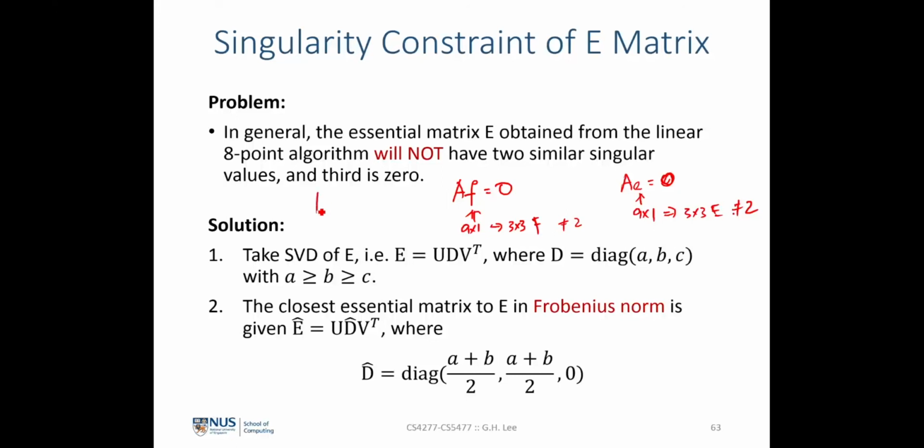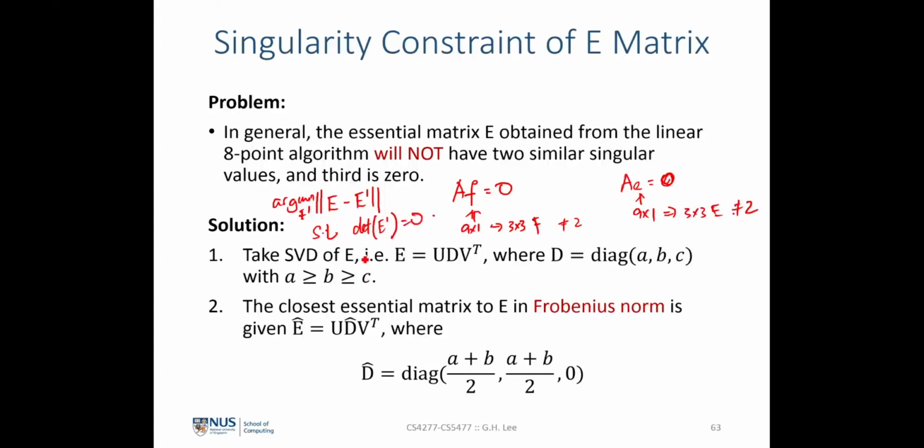We'll still minimize E minus E prime. We want to find an E prime that is closest to the original E matrix over here, but it has to be subjected to the constraint that the determinant of E prime equals 0.